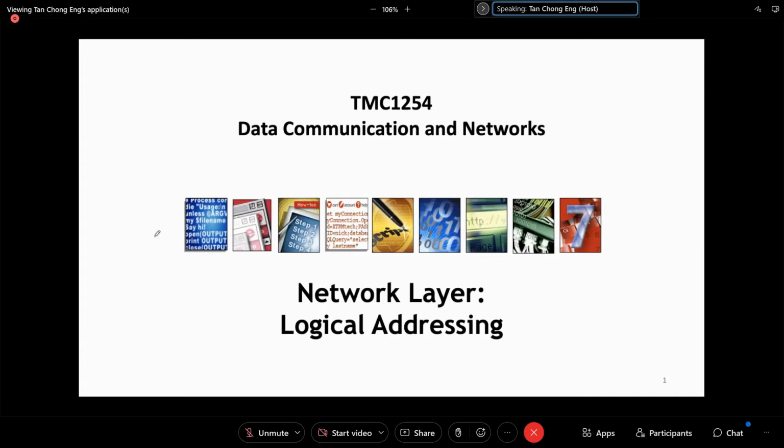It is just another software installed together with the operating system, and it provides all the layer 3 functionality through software. More importantly, the main purpose of this is addressing.